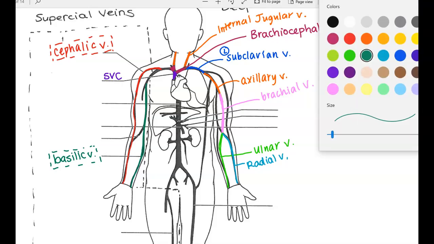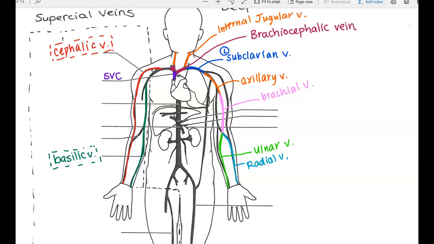And again, this is another superficial vein that we are going to find. Now, in between these two, we will have our median cubital vein, and this is the vein that we most commonly draw blood from. And another dotted box around this one.